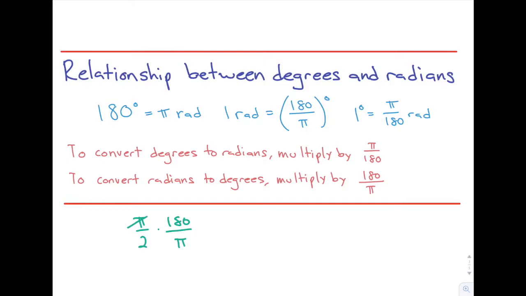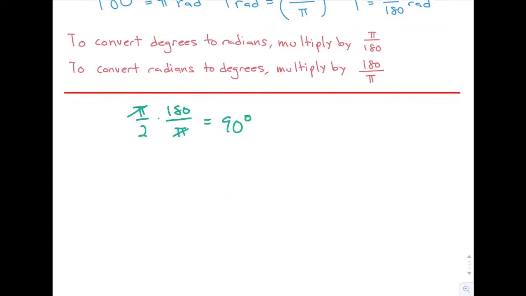So the pi's will cancel out, and we're left with 180 over 2, which is 90. So pi over 2 radians is the same as 90 degrees. And that visually makes sense when we look at where we land at pi over 2. The y-axis and the x-axis create a 90-degree angle. So this is how you convert between degrees and radians.